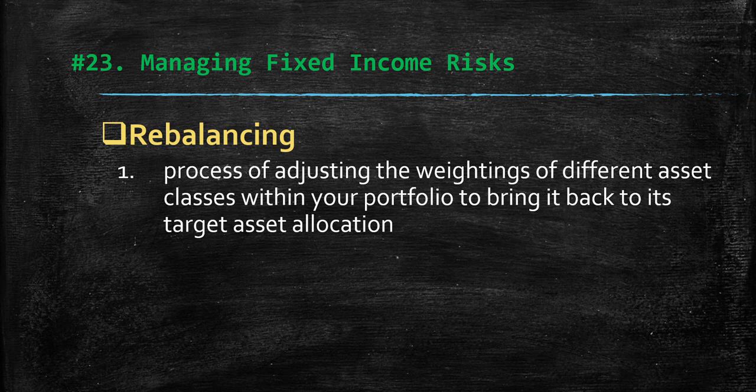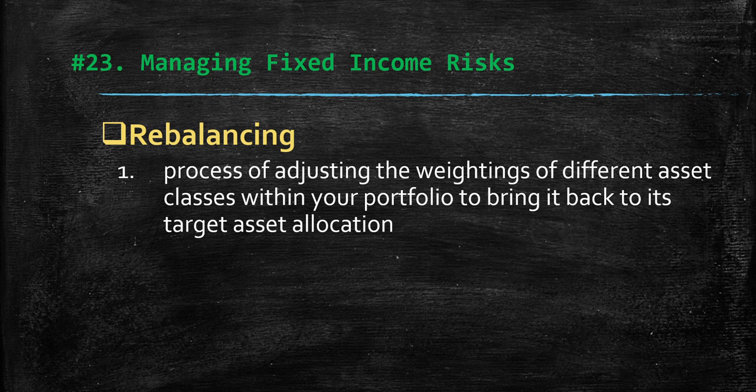From time to time, as the different assets give you returns every month, every 6 months, every year, your asset allocation will begin to change. Maybe because you are getting so much from one particular asset and you're getting so little from the others.